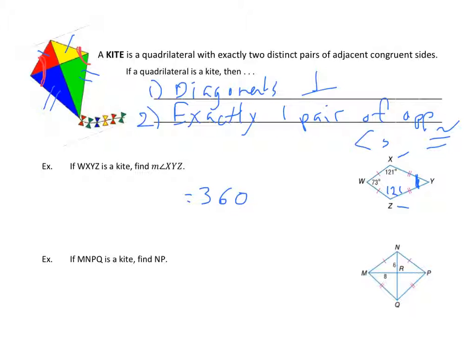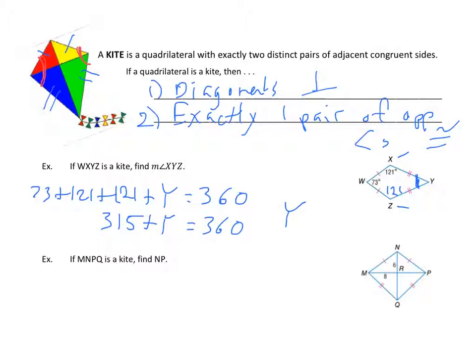So if we take 73 plus 121 plus 121 plus my unknown angle, y, it's going to equal 360 degrees. We end up with 315 plus angle y equals 360. Subtract 315 from both sides, and angle y is equal to 45 degrees, which is the angle we were looking for.